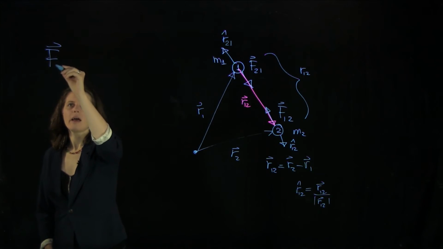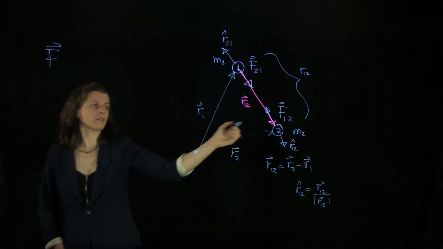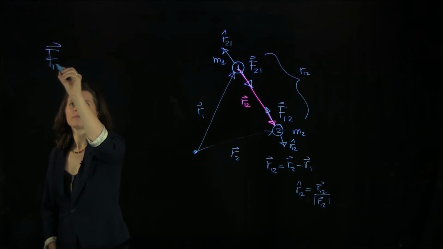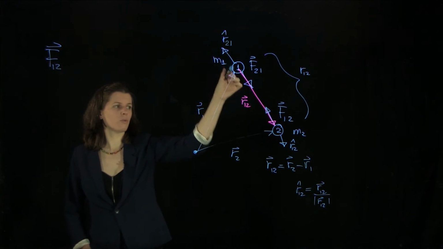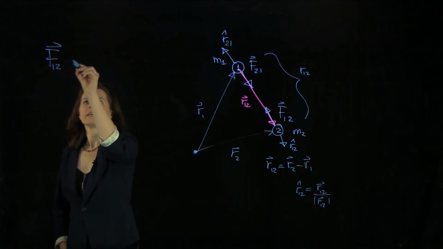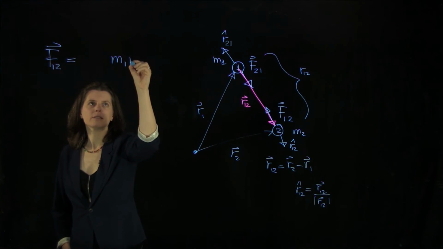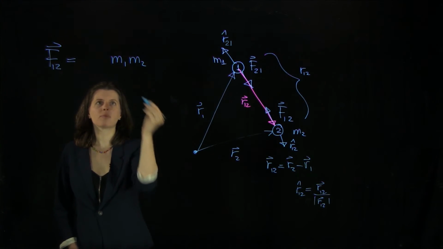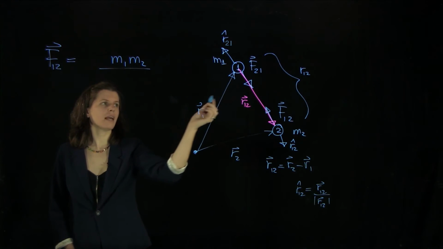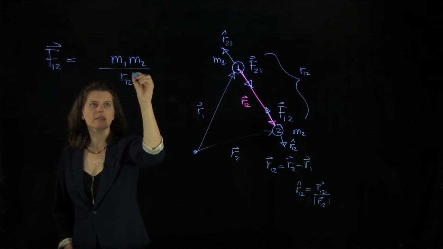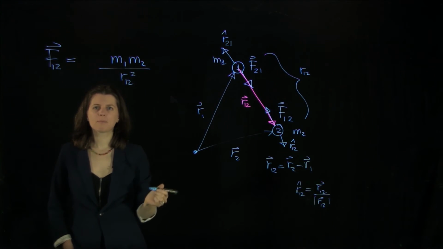So we're going to look at object 2. The force on object 2 due to the interaction between objects 1 and 2 is proportional to the mass of the two objects. We already said that in the beginning, and inversely to the square of the distance between the two objects.